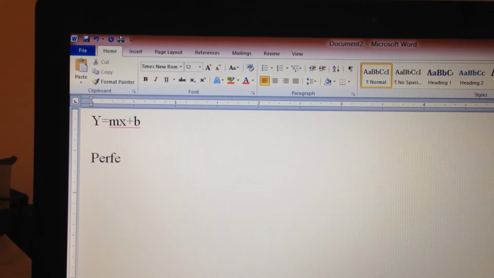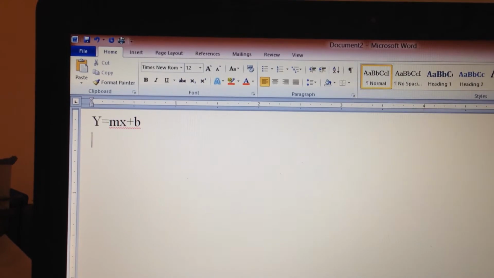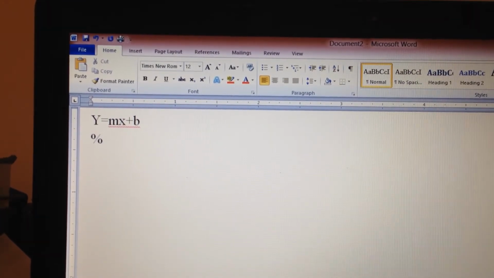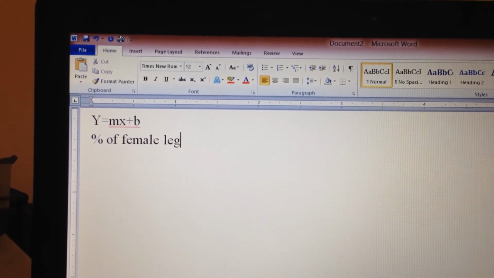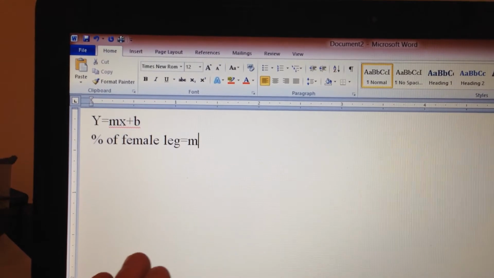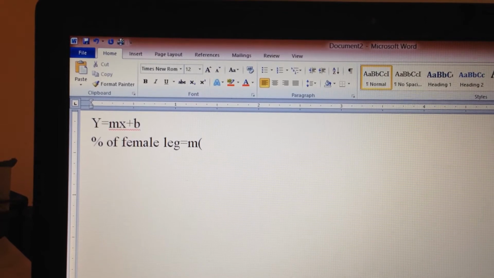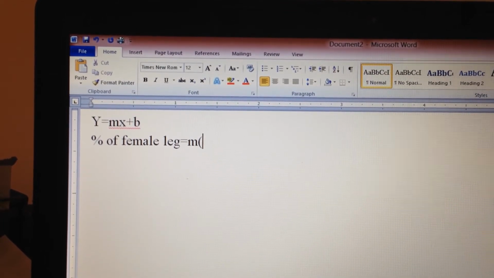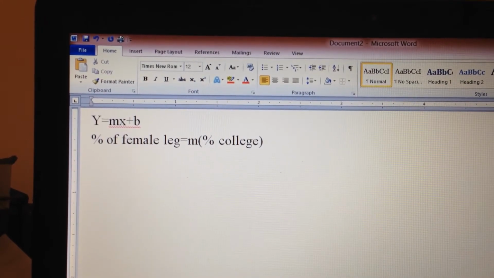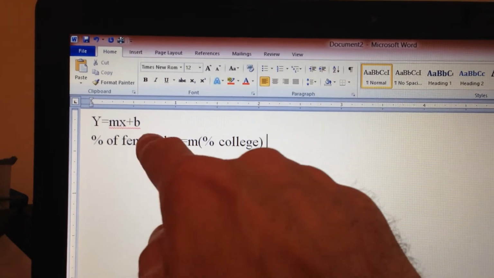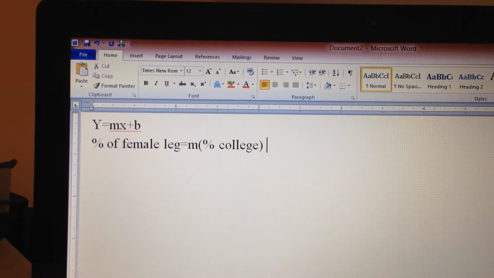We want to predict the percent of female legislators. We have an M, we'll deal with M in a second. X is percent with a college degree. We're not going to worry about the plus B up here; it's really not all that important.